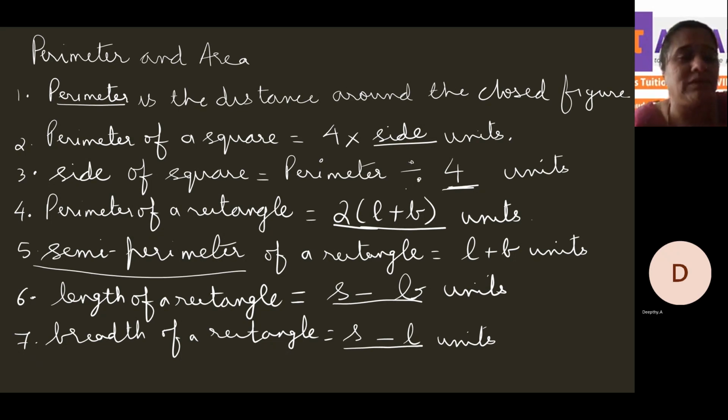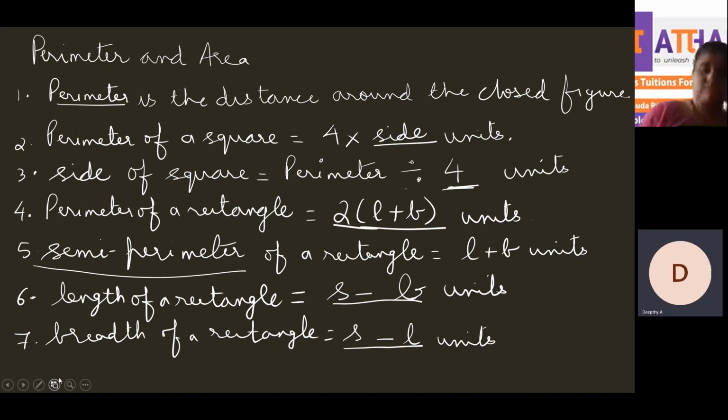All right. So perimeter is the distance around a closed figure. Do we understand that? Okay, write down, children. Have you finished writing, Deepthi? I'm writing the fifth one.